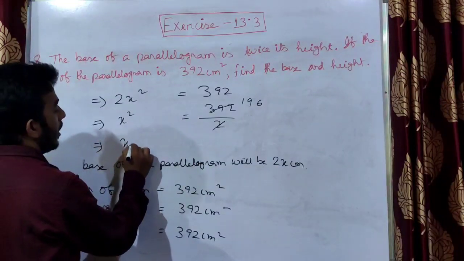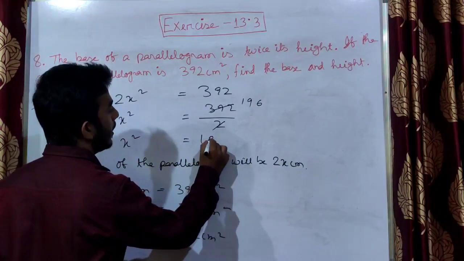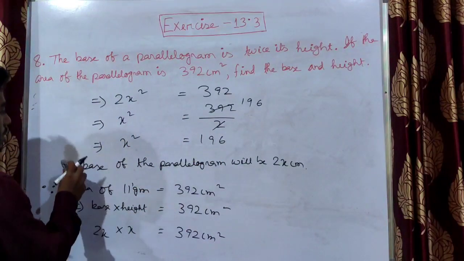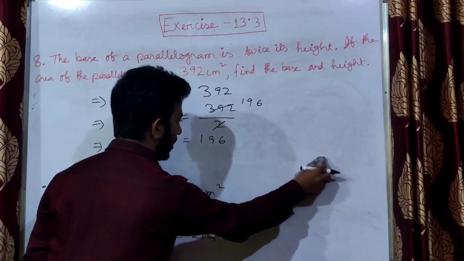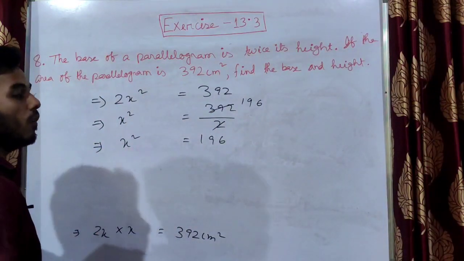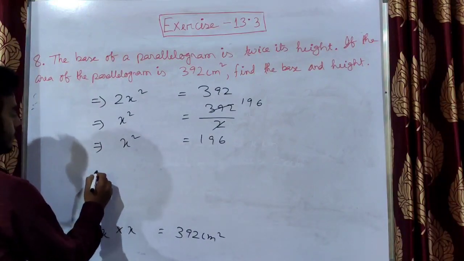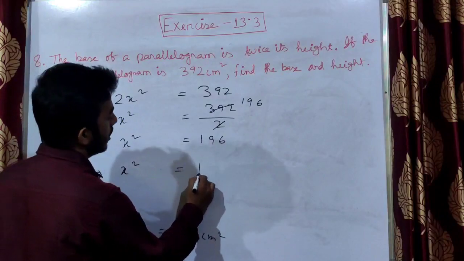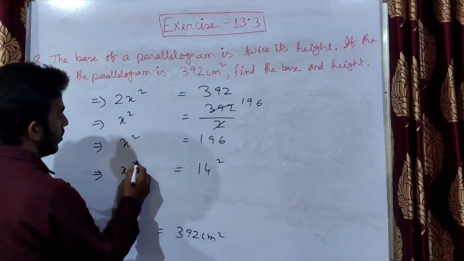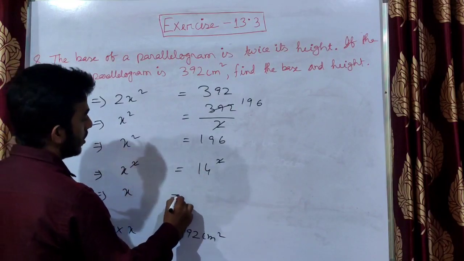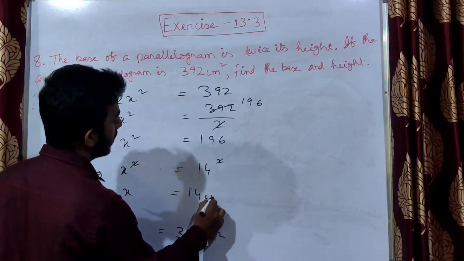So x square equals 196, and 196 is the square of which number? It is the square of 14, right? So x square equals 14 square. So square cancel, x equals 14 centimeter.